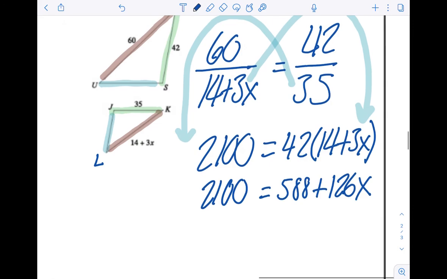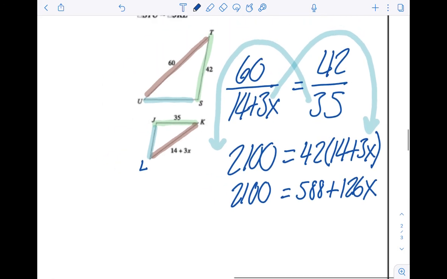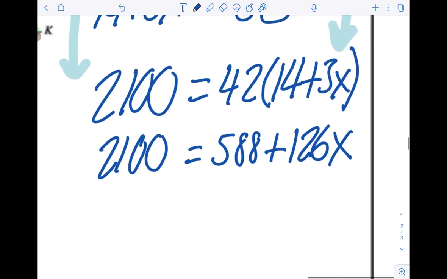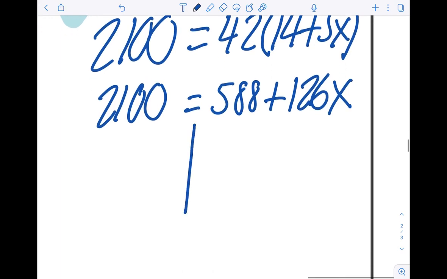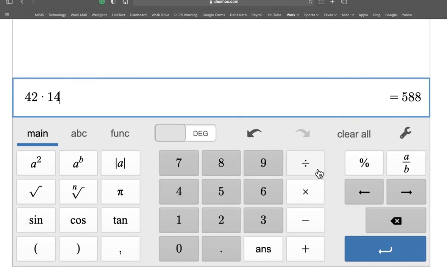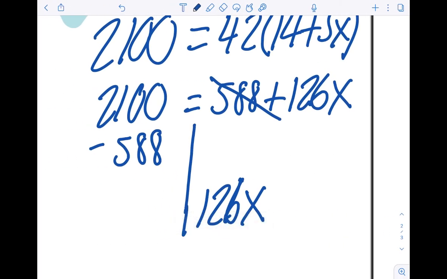Look at that. Right? Perfect. So I am going to bring 588 over as negative 588, right? And I have my 126x here. 2100 minus 588 gives me 1512, everybody.